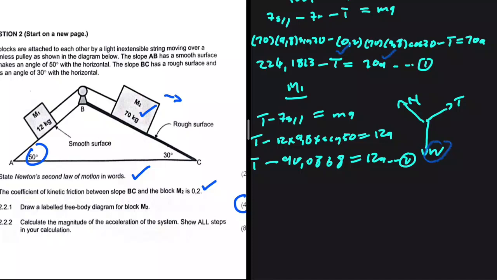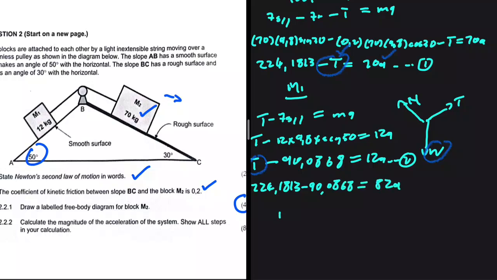Let's add the 2 equations. We're going to add the left hand sides together and the right hand sides together. Minus tension and plus tension will cancel out. We're going to be left with 224.1813 minus 90.0868 being equal to 82a.